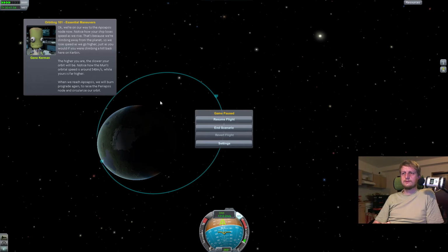Yes, it is. Yes, so we are orbiting faster than the moon. When we reach apoapsis, we will burn prograde again to raise the periapsis. And circularize our orbit. What a great idea it is! Yes, that's how you do it. That's how you get on a circular orbit.